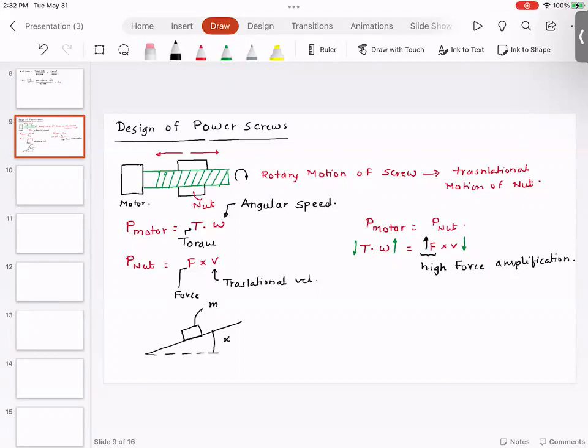If you look at the power screw, it will have a screw which is nothing but a helix, and this angle is called the helix angle, which is the same as the angle shown on the left. So alpha is equal to the helix angle.